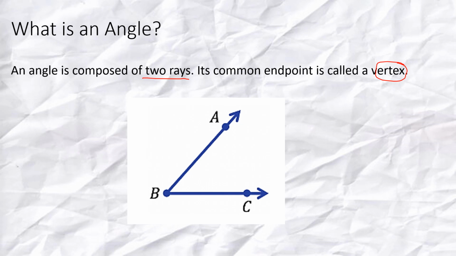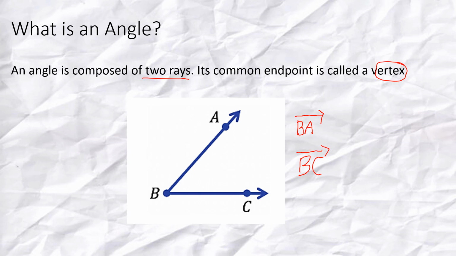The first ray is ray BA, followed by ray BC. When these two rays are combined together, they form an angle. So this is the angle that they form.